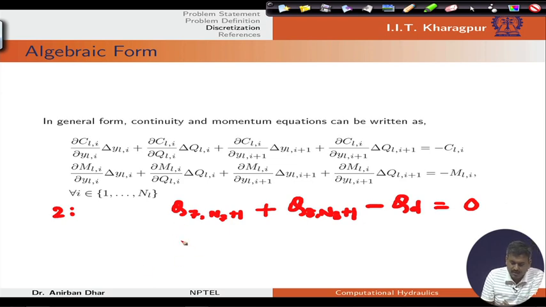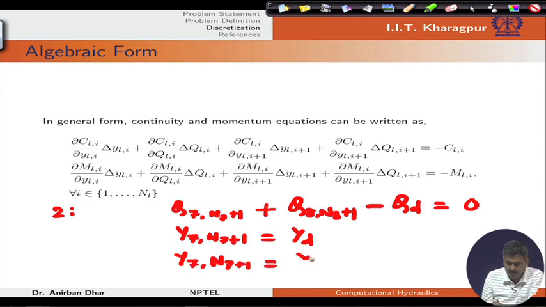Again we will have another condition, that is Y7 at N7 plus 1 equals YD, and Y7 at N7 plus 1 equals Y8 at N8 plus 1.